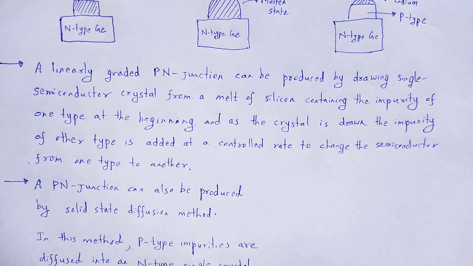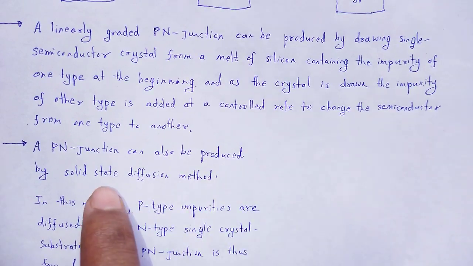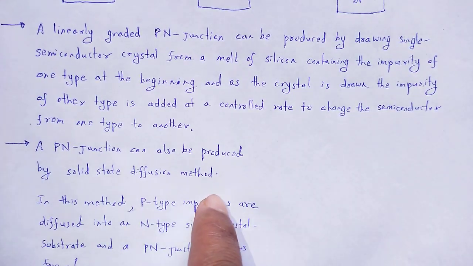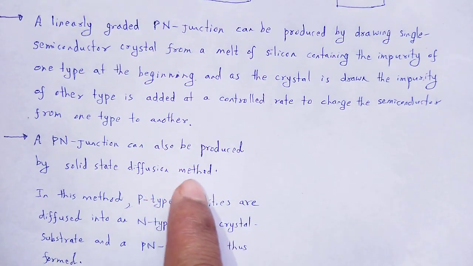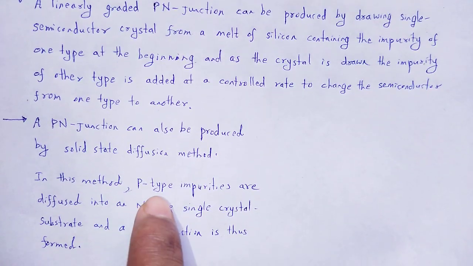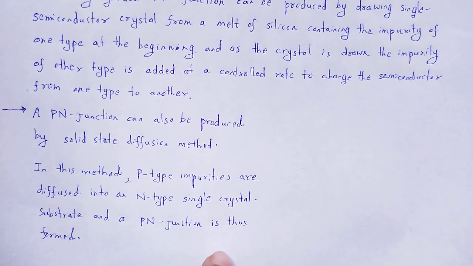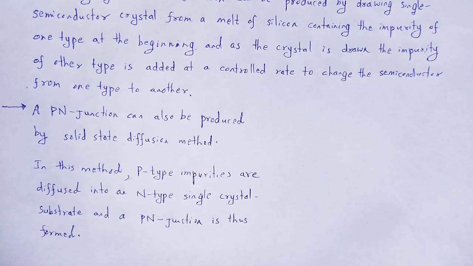In the same way, a p-n junction can also be produced by the solid state diffusion method. In solid state diffusion, these are very similar. P type impurities are diffused into an n type single crystal substrate and a p-n junction is formed.